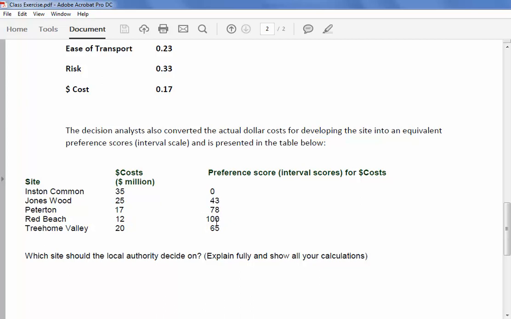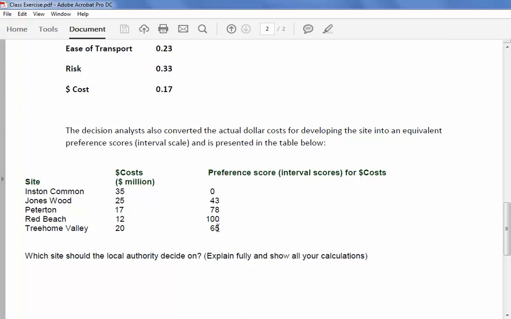But then we need to figure out how to calculate these scores in the middle. What we do is we find the range. So we calculate the highest value take the lowest value, 35 take 12, gives us 23. So the range here is 23. So then we look at each value relative to 35 million and 23. So 20 take 35 gives us 15, and then if we go 15 divided by 23, this gives us our 65 over here.